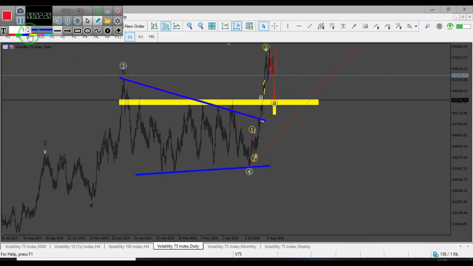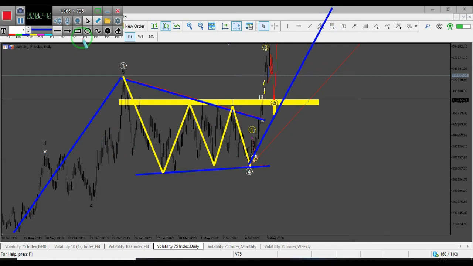However, this triangle violates some of the Elliott wave guidelines. Let me show you. This is A, B, C, D, E, and the bigger move to the upside. This is the structure that we have.